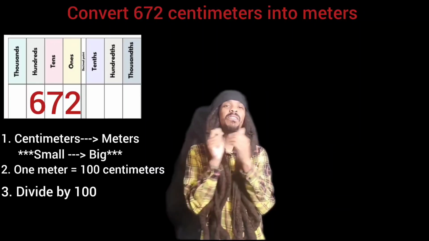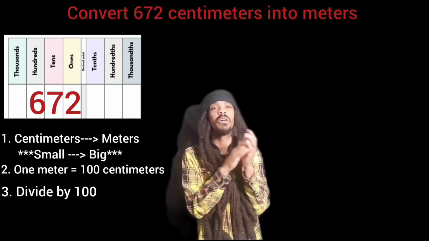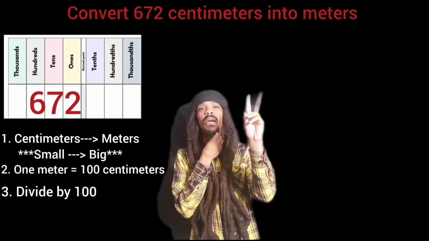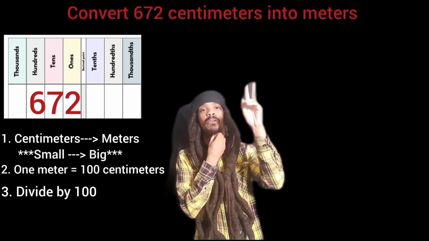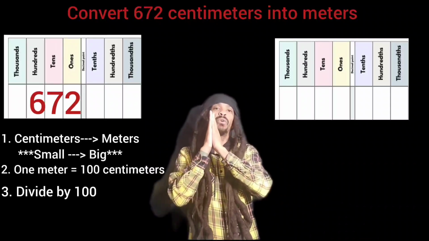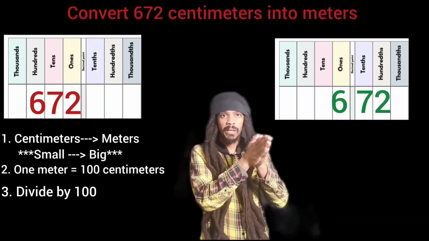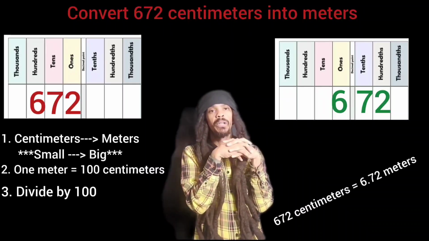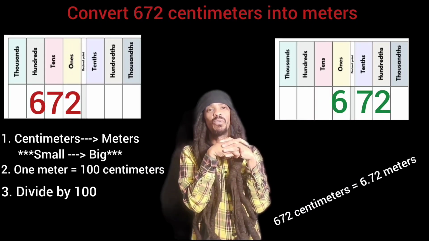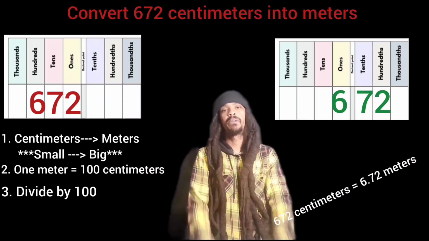Since it's 100, we're going to the right 2 times. That 6 goes from the hundreds place to the ones place, which means our new number is 6 and 72 hundredths meters.